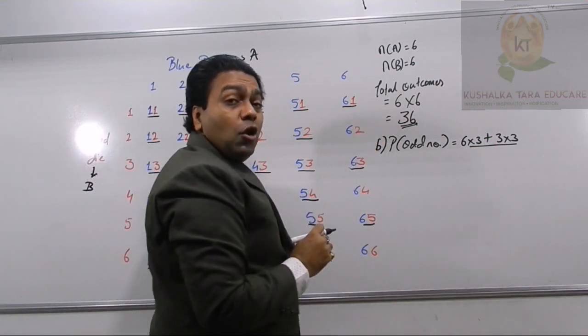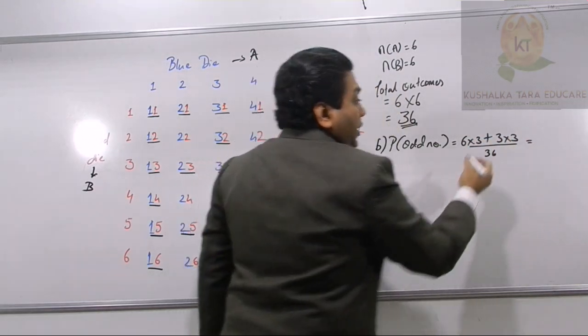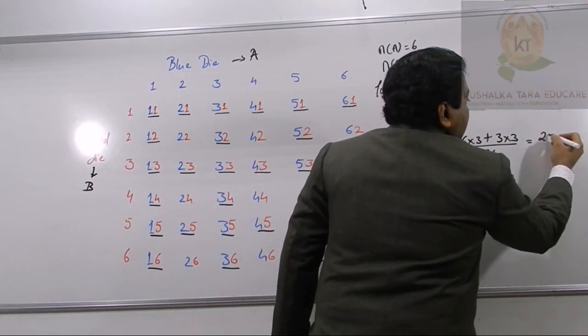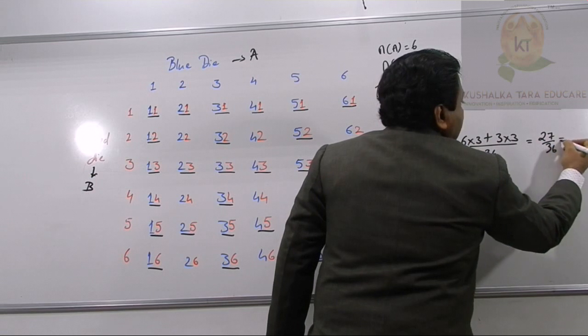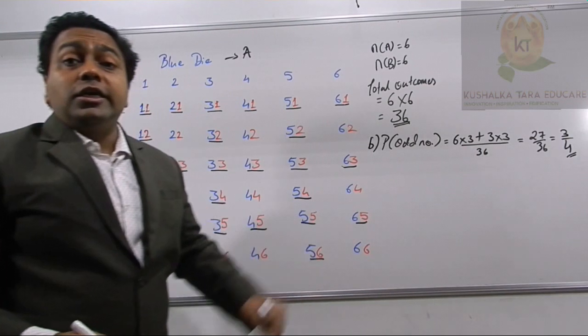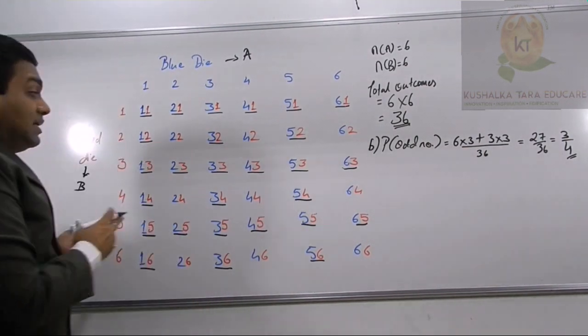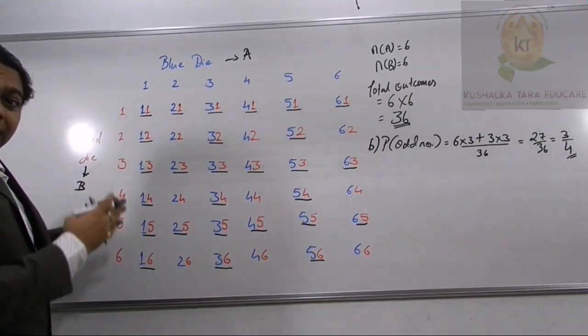Total number of outcomes we already calculated, 36. So that gives me 6 into 3, 18 plus 9, 27 over 36, and my probability is 3 by 4. So the probability of getting an odd number is 3 by 4. I hope that's very clear. Lattice diagram, how helpful it is.